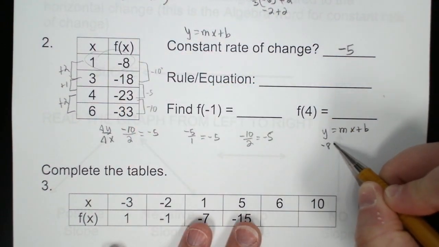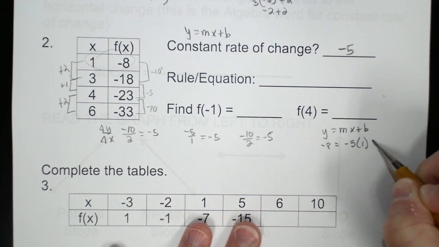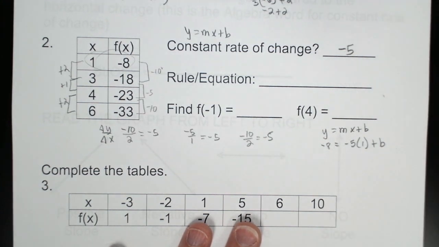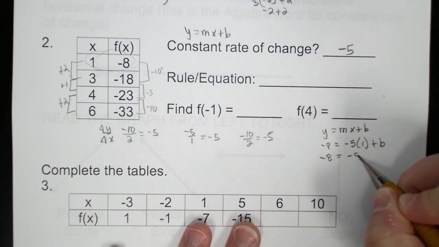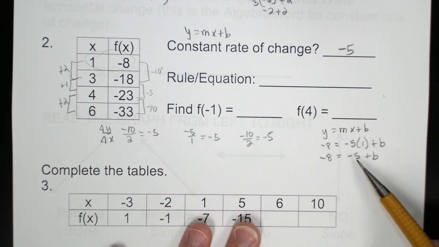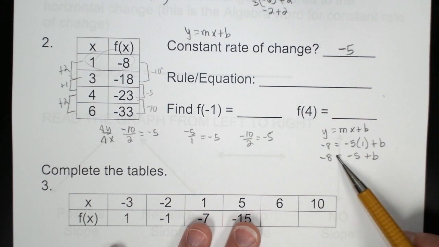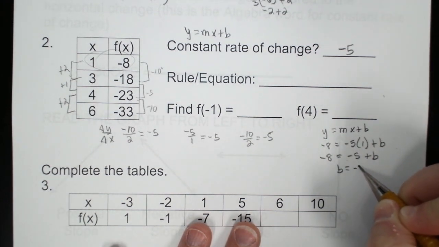So negative 8 equals negative 5 times 1 plus b. Negative 8 equals negative 5 plus b. When I'm here, I can add 5 to both sides, or I can say I'm at negative 5 and I've got to get to negative 8. So that b is a negative 3.